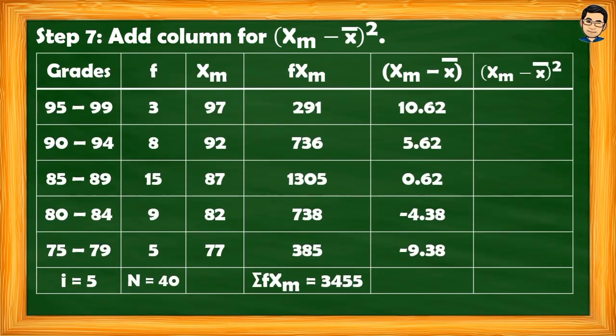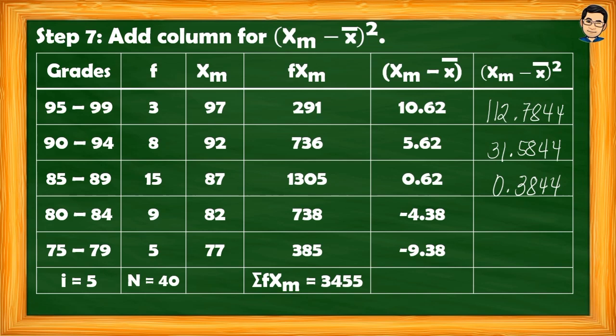So, ito na siya. So, square natin. So, 10.62 square. So, that is 10.62 times 10.62. And then, yung makukuha nating value is 112.7844. Next, 5.62 times 5.62 will have 31.5844. Next, 0.62 times 0.62, that is 0.3844.